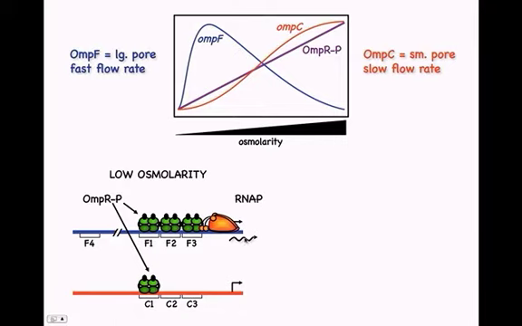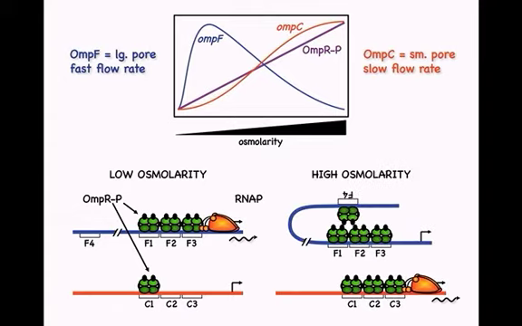So this wavy line is meant to represent the fact that under low osmolarity conditions, you get largely only the transcription of OMP-F. Now, as the cell finds its way into the high osmolarity condition, where OMP-R phosphate is at much higher levels, it still does bind to these high affinity sites for OMP-F.